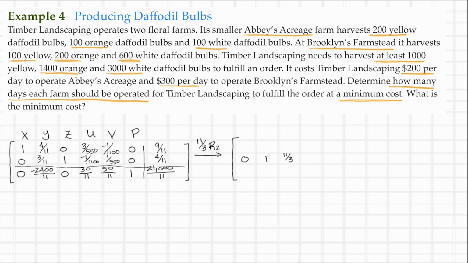Negative 1 over 1100 times 11 thirds, that's negative 1 over 300. 1 over 550 times 11 thirds, that's 1 over 150. We have 0. Put it in our vertical bar. 4 elevenths times 11 thirds, that's 4 thirds. I'm going to close off our bracket, and we'll bring over the rest.